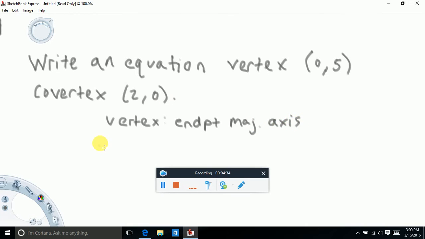Okay? The co-vertex is the endpoint of the minor axis. The endpoint of the minor axis. So again, the major axis is always longer than the minor axis.